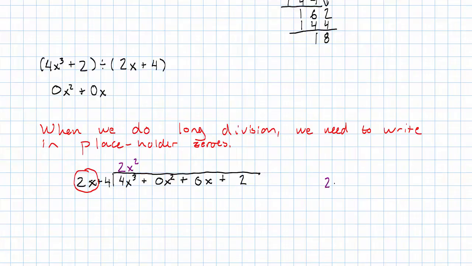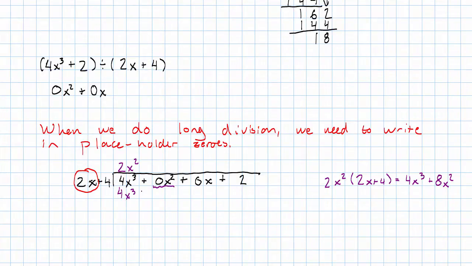We have our 2x squared times 2x plus 4. 4x to the third plus 8x squared. And notice we now have somewhere to write our 8x squared. If we didn't have that 0 placeholder, there would be no like term to write the 8x squared underneath.